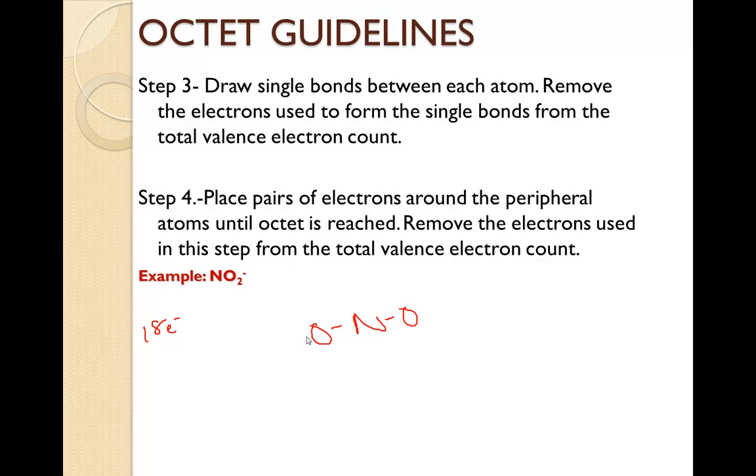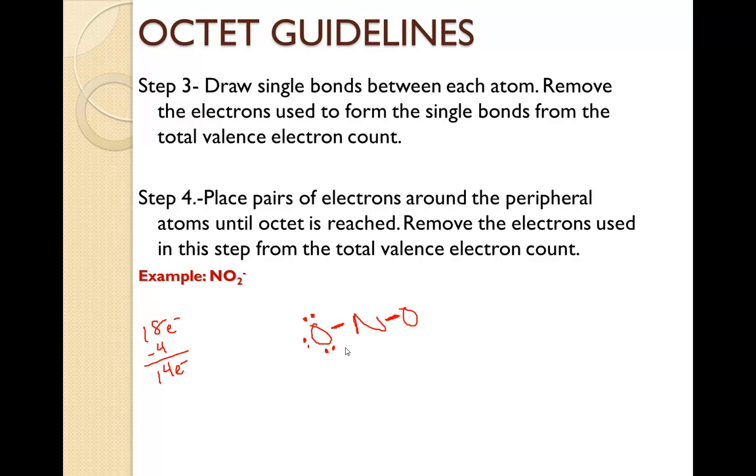Remove the electrons used to form the single bond from the total valence electron count. Each bond is 2 electrons. So there's 2 here and 2 here. So it's a total of 4. So we have 14 electrons total. Place pairs of electrons around the peripheral atoms until octet is reached. So we have 2, 3, 4, 5, 6, 7, 8.